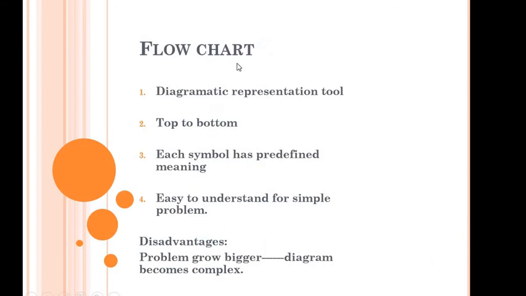So a flowchart is nothing but a diagrammatic representation tool. By using the diagram, we explain the steps inside the algorithm, and the diagram should be read from top to bottom.